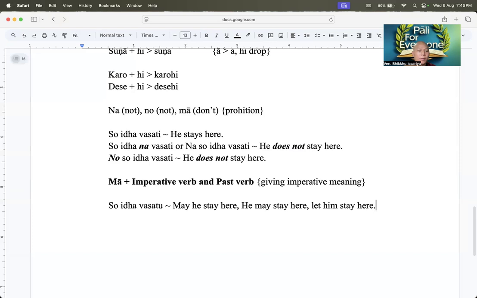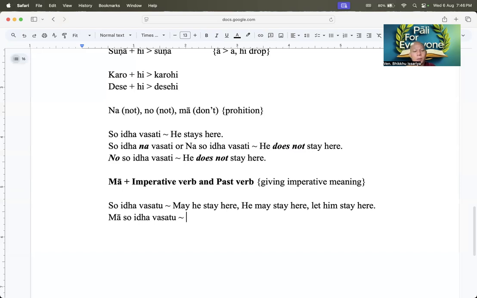But when it is used with the ma, ma so ida vasatu, what does that mean?